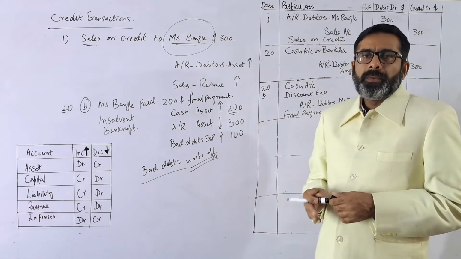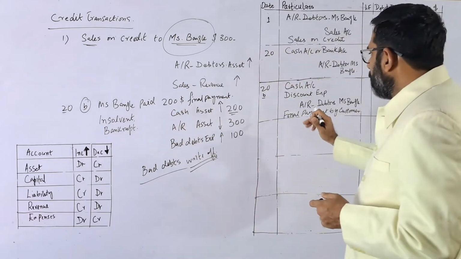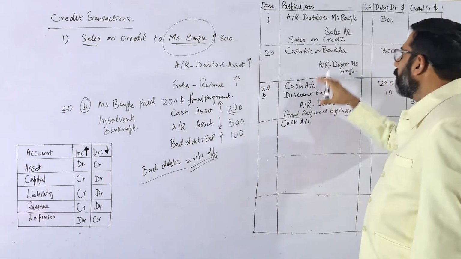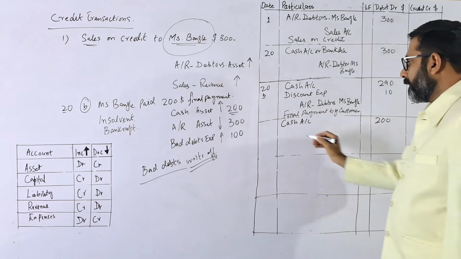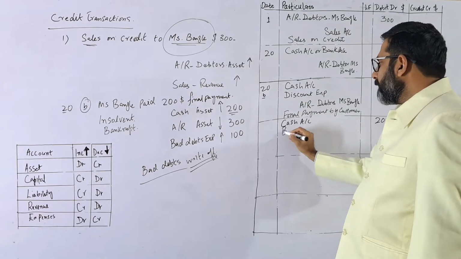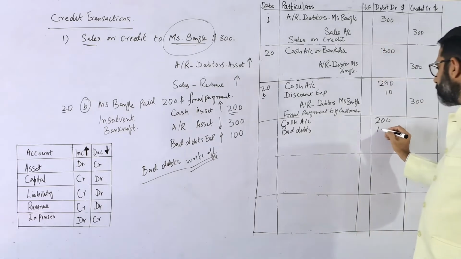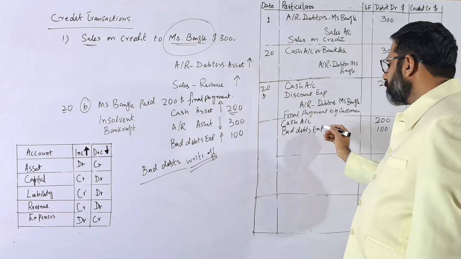It is written off from your accounts. So now the transaction will be like a cash account debit, or in the same way a bank account debit, how much? Only $200. Then there is bad debt, that is $100. Bad debt obviously will be loss, it will be expense.